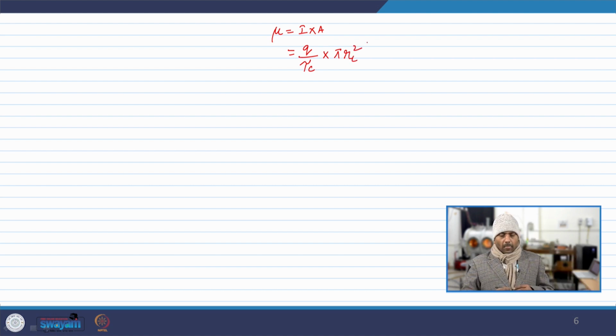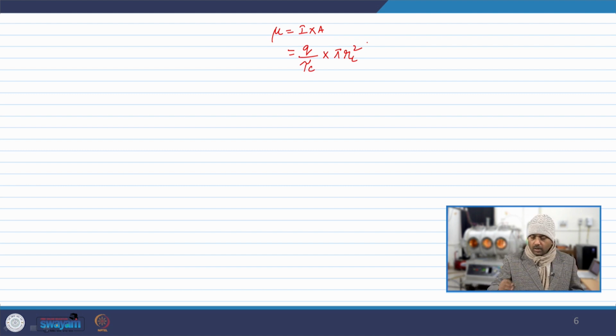You understand? Current is charge per unit time, right? Where is the measure of time? Time is this amount of time that it requires to complete that circular motion, times within that circular motion, it covers a closed loop of area pi RL square, right?